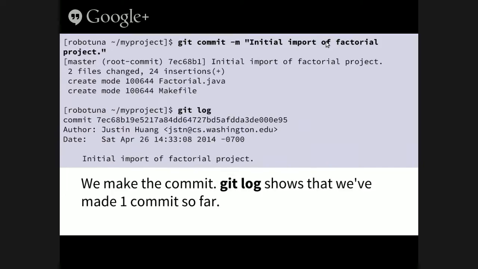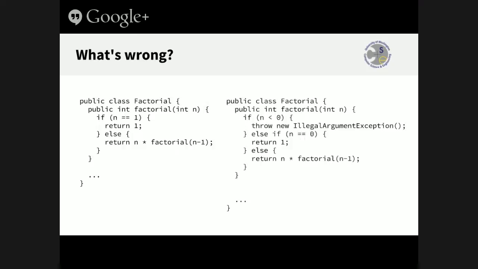And then finally, you type git commit, and you use the -m option to add a message that explains what the commit is about. Then you can type git log to see a log of all the commits that you've made. And voila, if you do this, you at least have the ability to time travel, which is great.